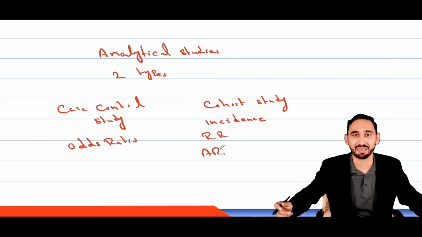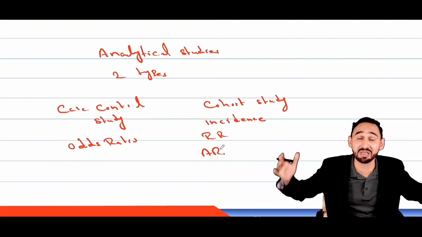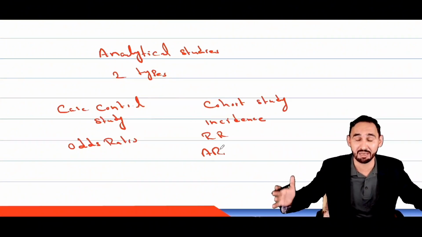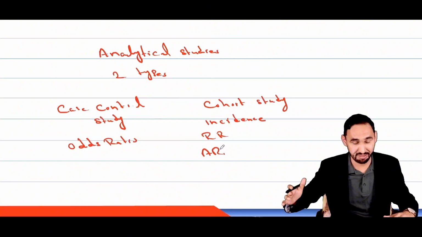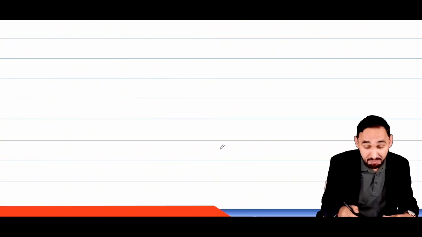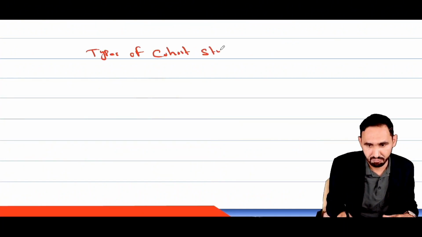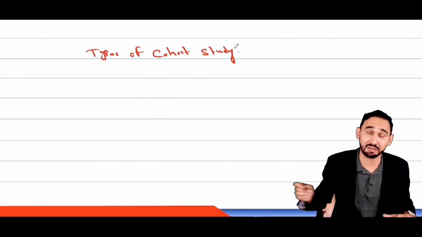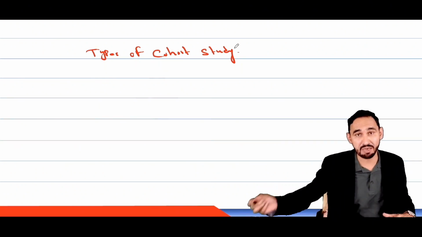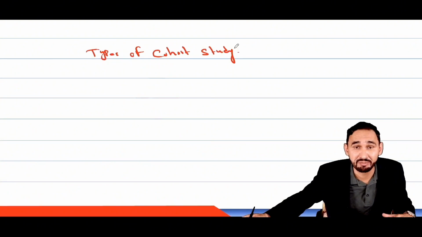We discussed there is attrition in cohort study. Cohort must be disease free before the start of study. We move in forward direction. We also discussed there are three types of cohort study: prospective cohort study, retrospective cohort study, mixed cohort study.